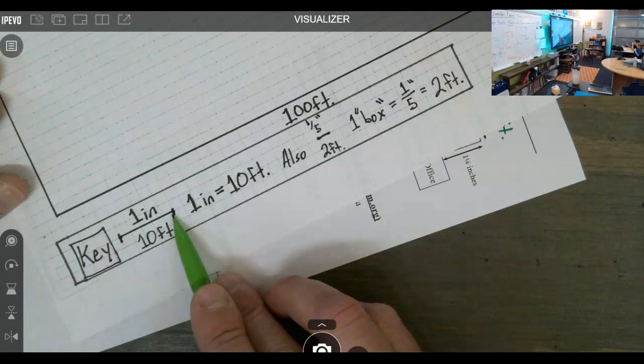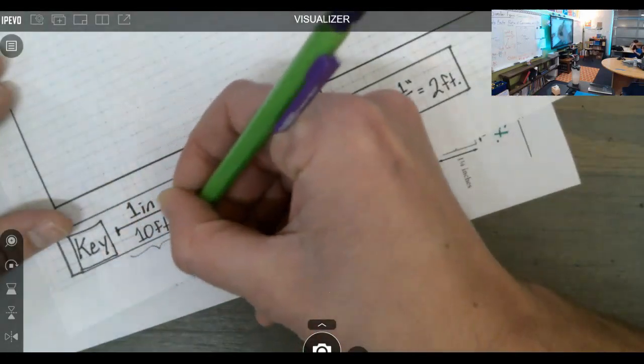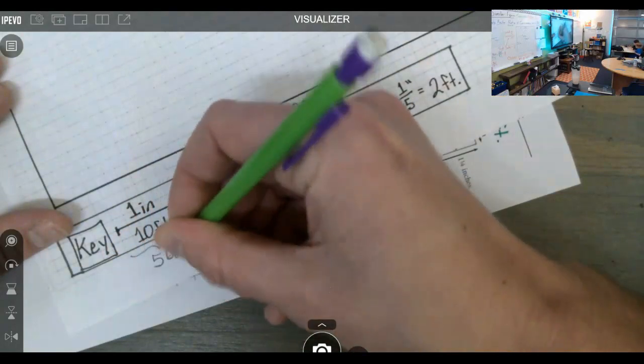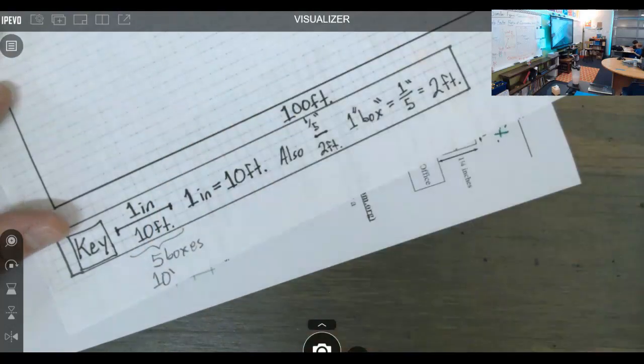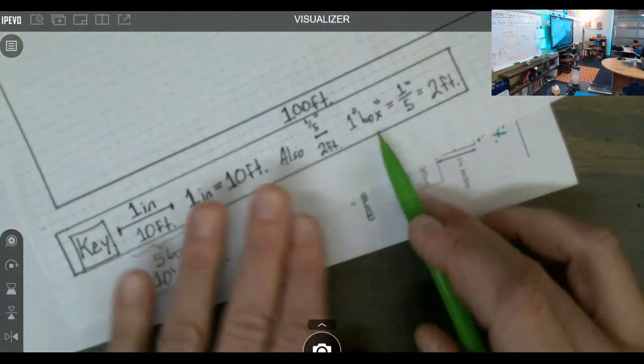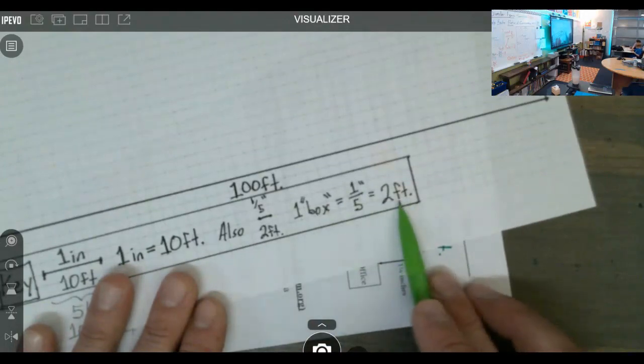It's 5 boxes, right? If you want to make a little note, this is 5 boxes and is also 10 feet. And then over here, that means 1 box is what? 1 box is 2 feet.